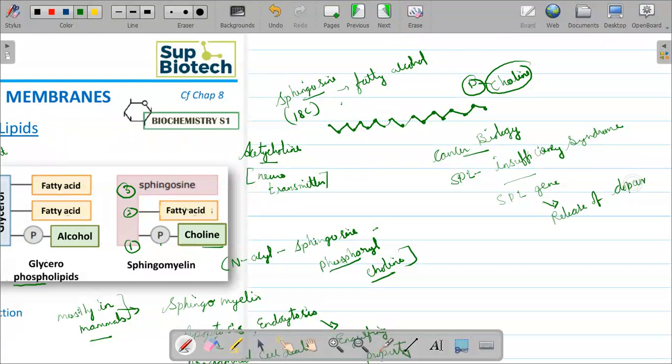You know what is dopamine? I guess they say it as the happy hormone. Yes. To release the happy hormones, we require this. Okay. But this SPL gene is mostly there in plants.